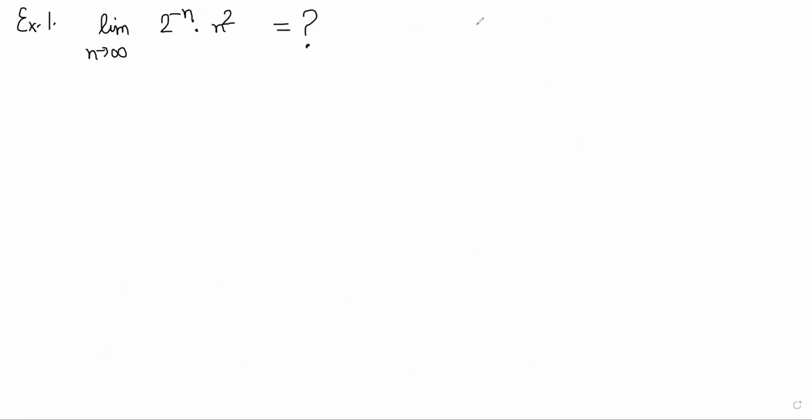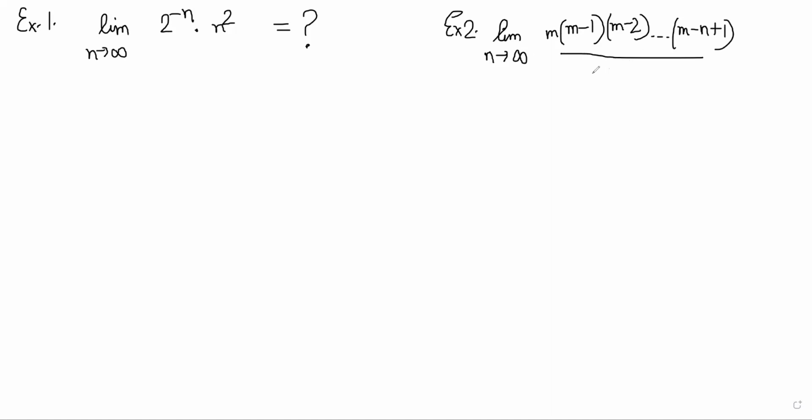And the second one is: find the value of the limit as n tends to infinity of m into m minus 1, m minus 2, and so on till m minus n plus 1, divided by n factorial, x power n. In both cases, mod x is less than 1, and you have to find the value of the limit.